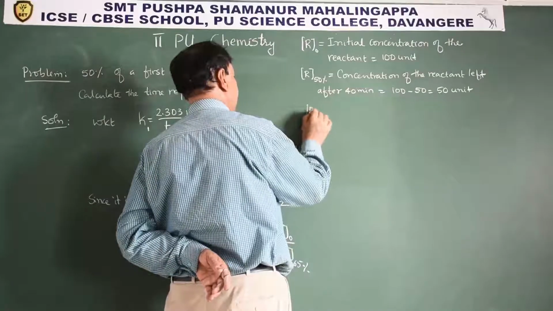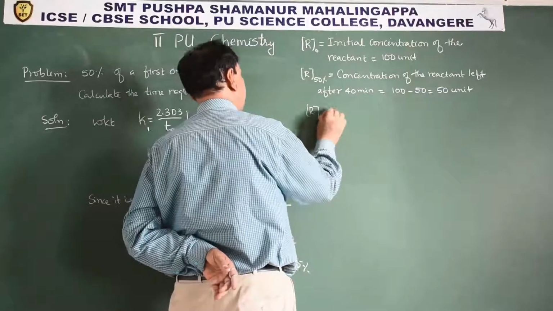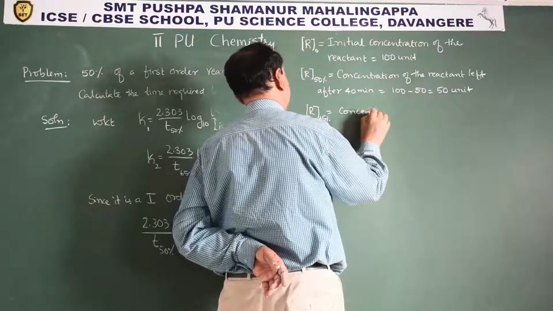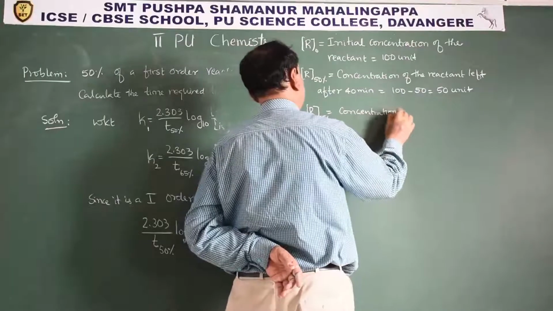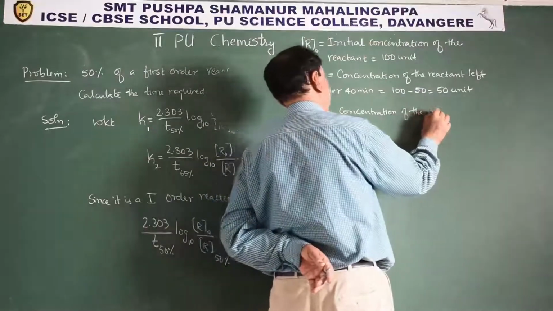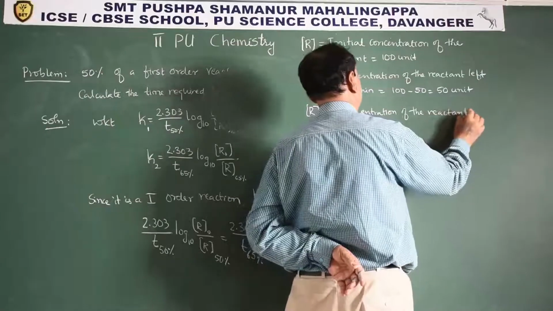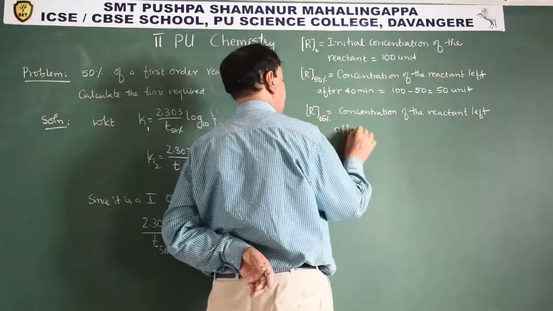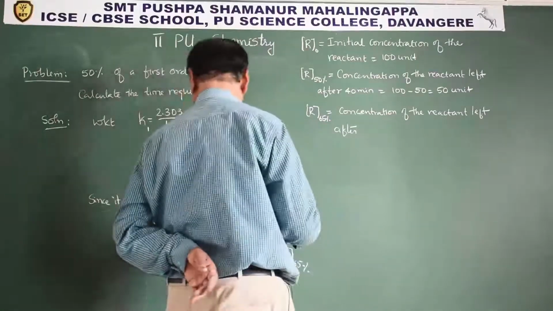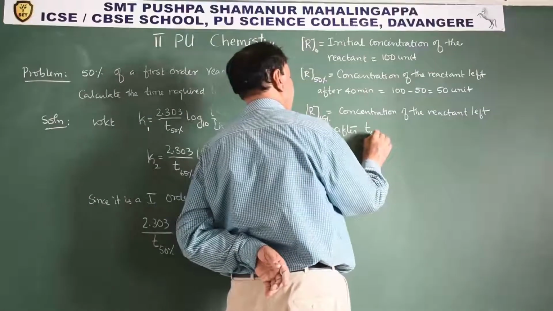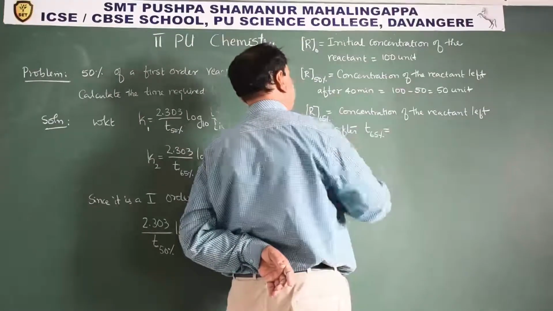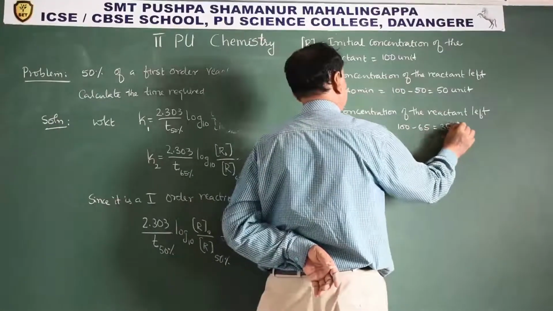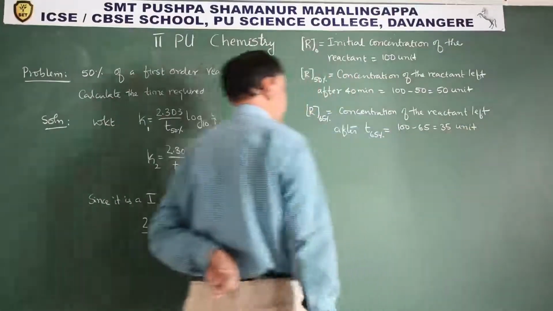R65% is the concentration of the reactant left after T65, that is 100 minus 65, that is 35 units.